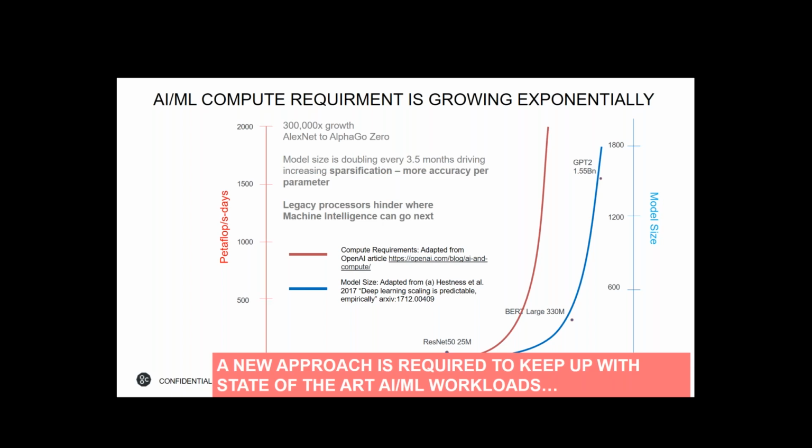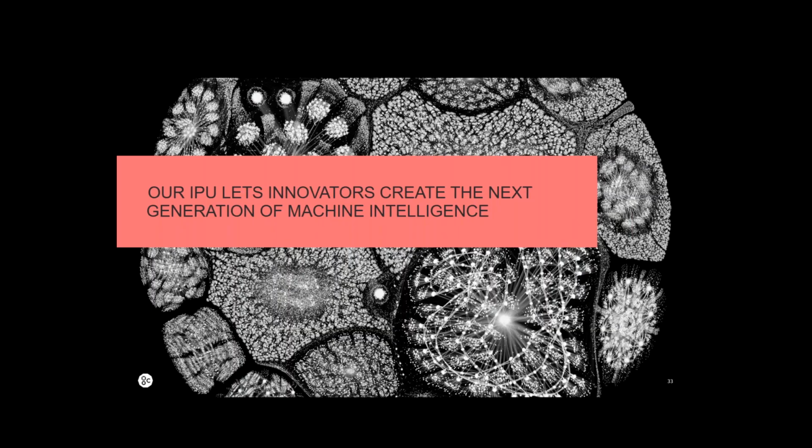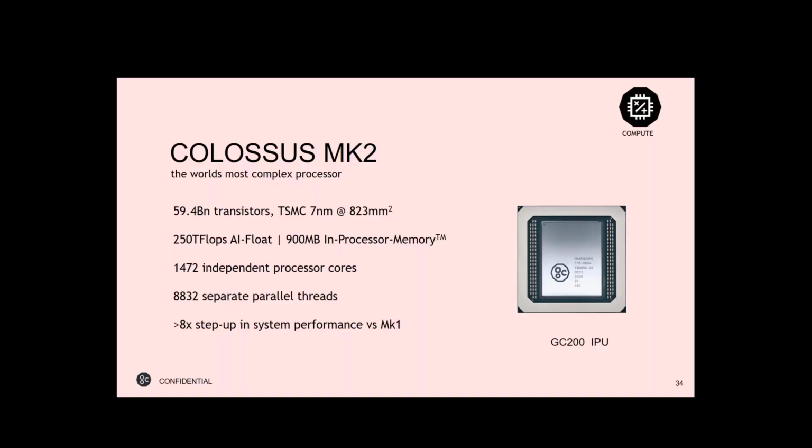And that's where we believe our IPU really lets innovators create the next generation of machine intelligence. So we've just launched our Colossus Mark II device, which is the world's largest chip. It's 823 square millimeters in size.